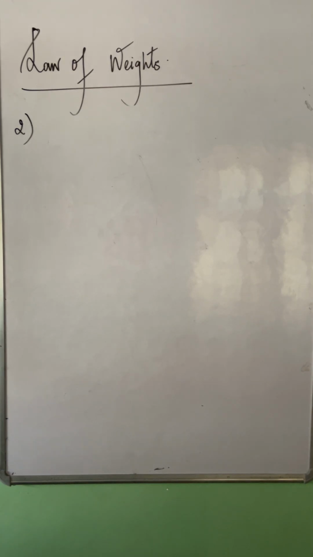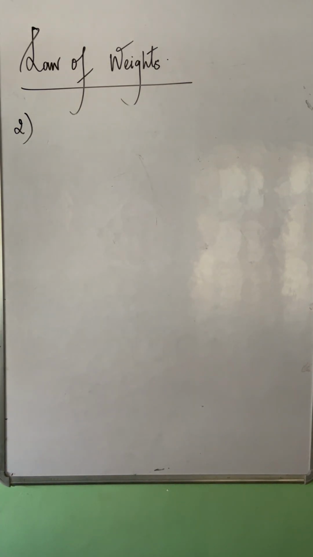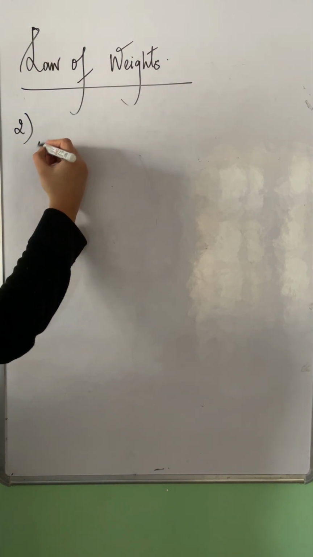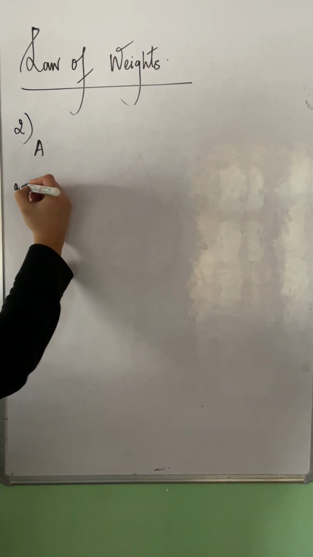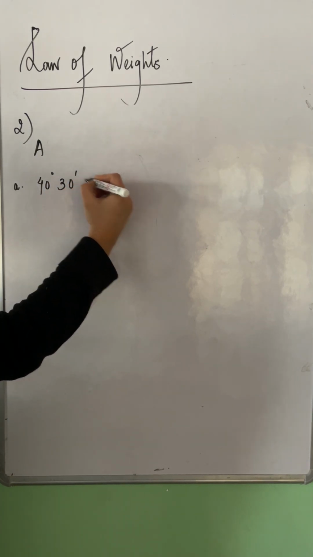Let's suppose angle A is also measured thrice here, and each time we have a reading as, let's suppose, the first one 40 degrees, 30 minutes, 15 seconds.